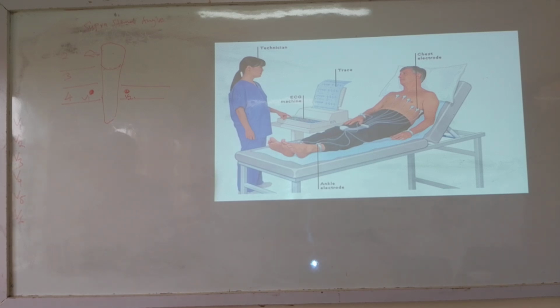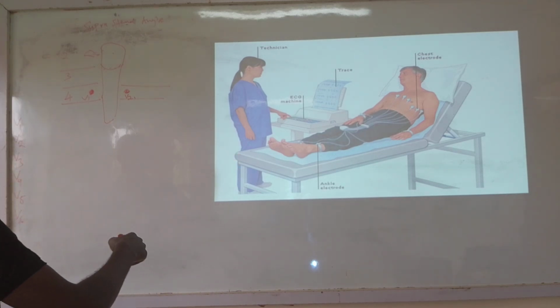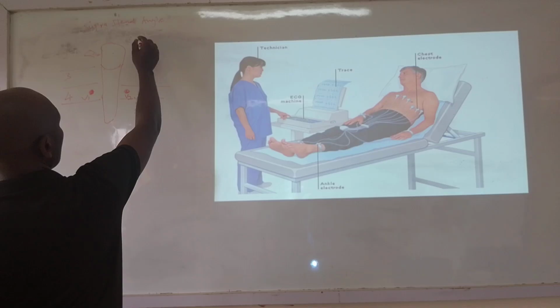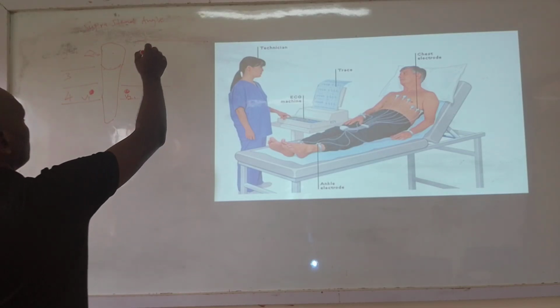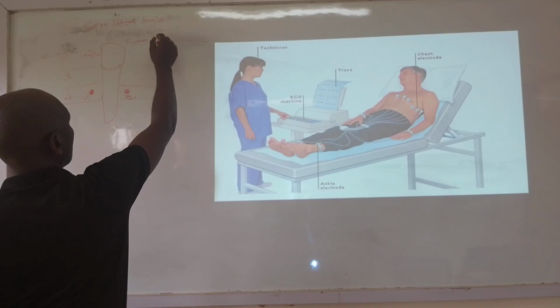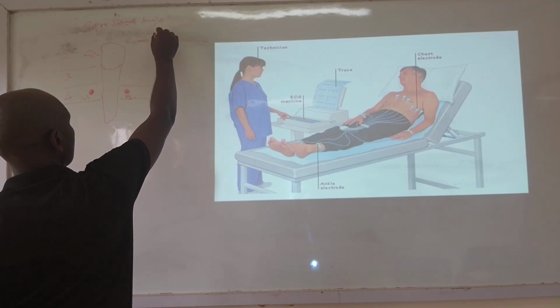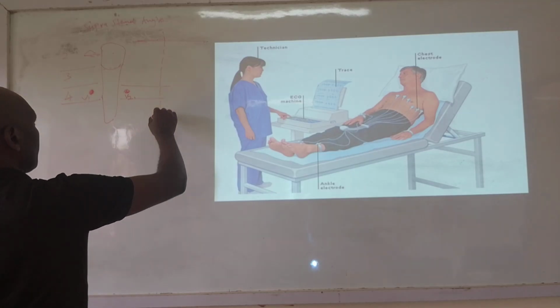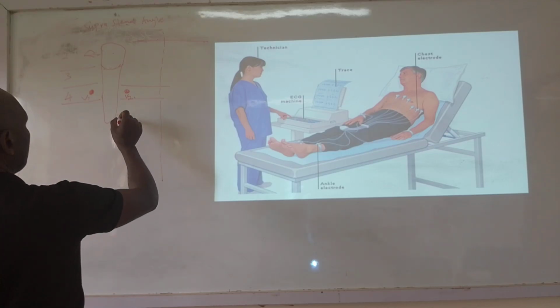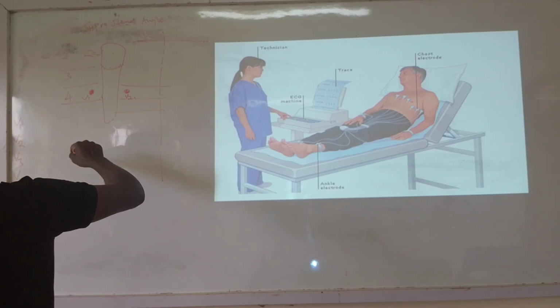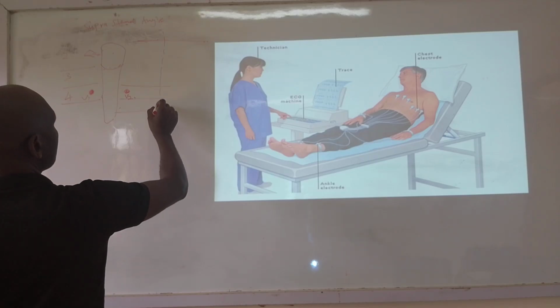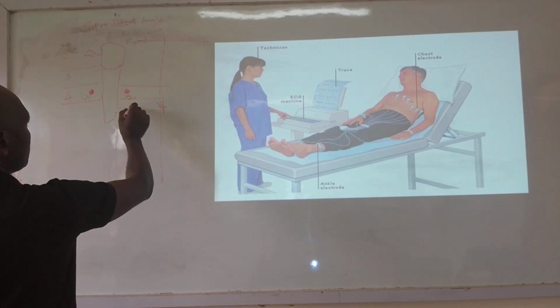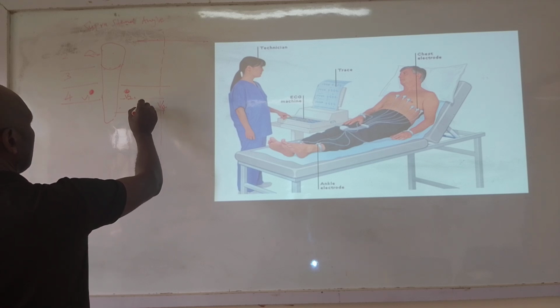From there, V4: you locate the clavicle, and then the mid clavicle, an imaginary line, in the fifth intercostal space. So you place your V4 here, and then in between V2 and V4 you place your V3.